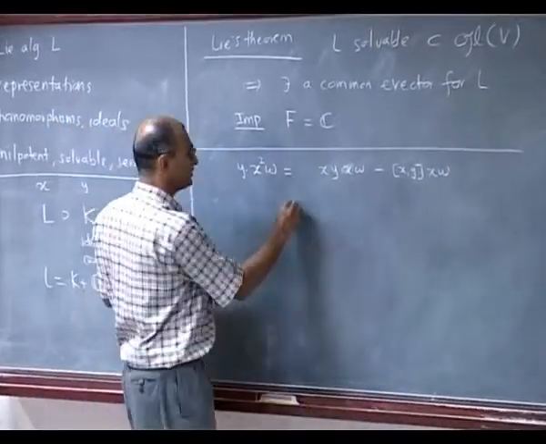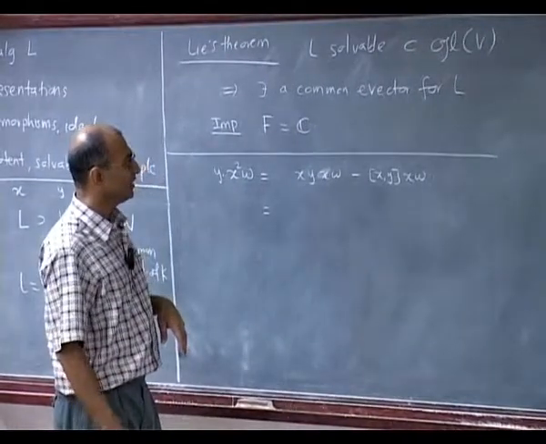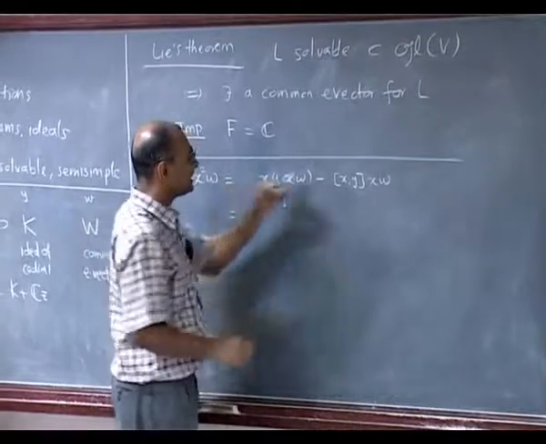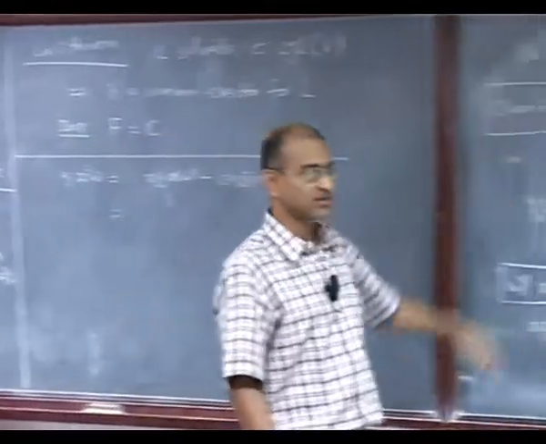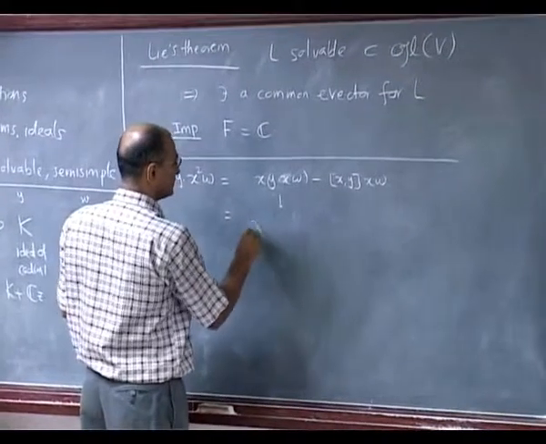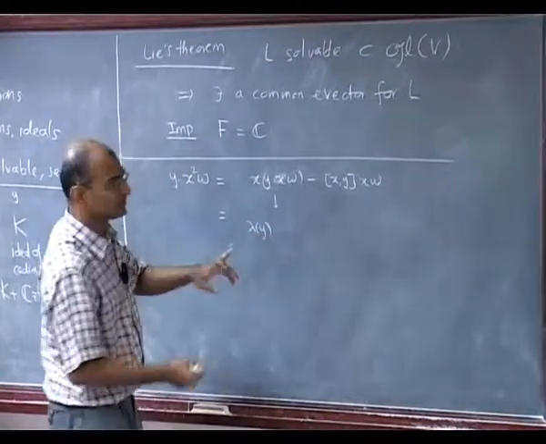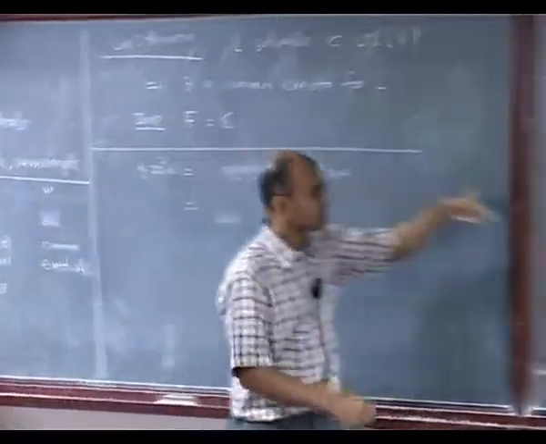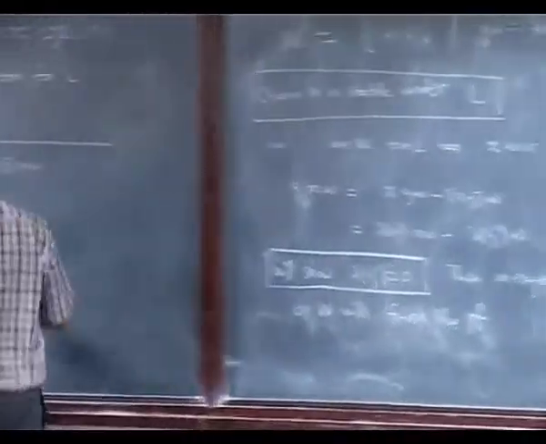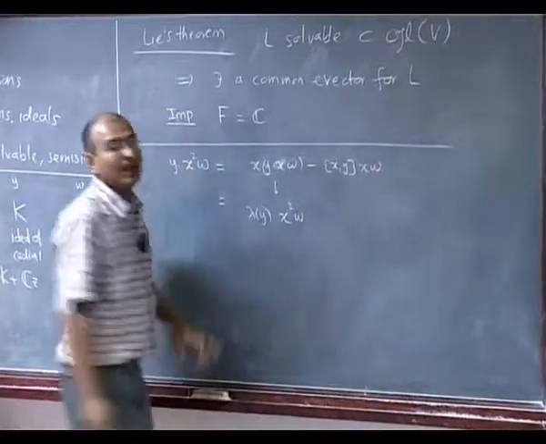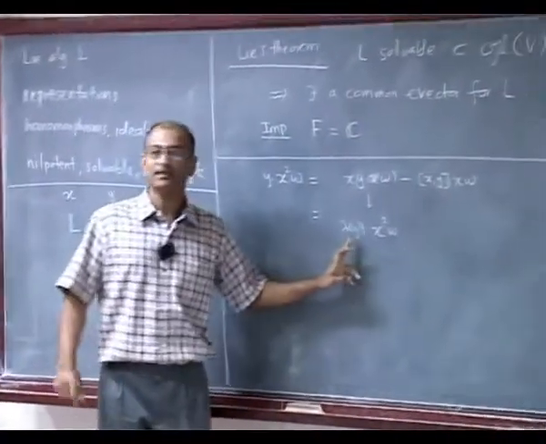Okay. So then what do we do? But this is looking good. So let's look here. This is x acting on y x w. Well, I know what y x w is. This is going to be lambda of y. So I am trying to skip some steps. So just please make sure that when x applies to the first term, it will just go away. So I will get x square acting on w, and this is the only term that I am interested in.